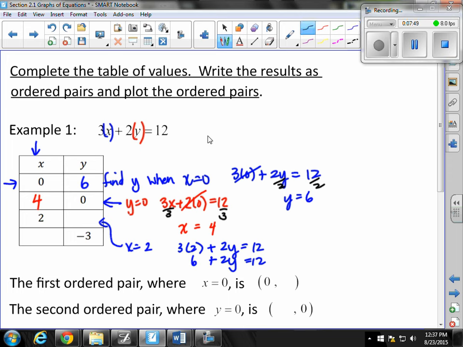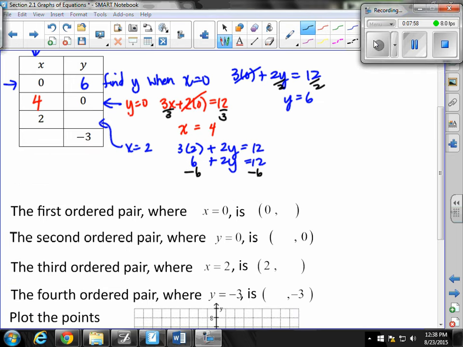In order to solve for y, I need to subtract 6 from both sides of the equation, and I get 2y equals 6. And to solve for y, I'm going to divide both sides by 2, and I wind up with y equals 3. So I'm going to plug that into my chart.